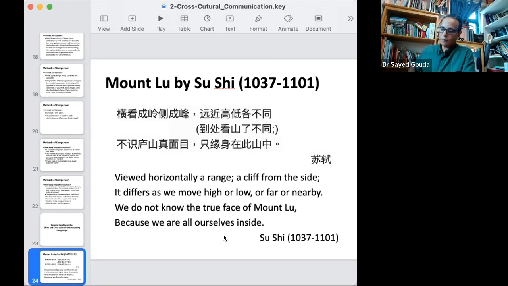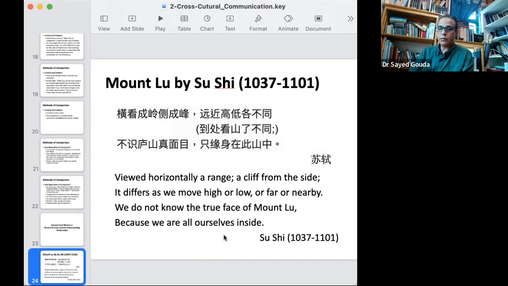Of course, the first impression we get, and so many people understand the poem in this way, is that since we are so close to Mount Lu, we shall not see it truly. We shall not see and shall never know the true essence and the true face of Mount Lu.